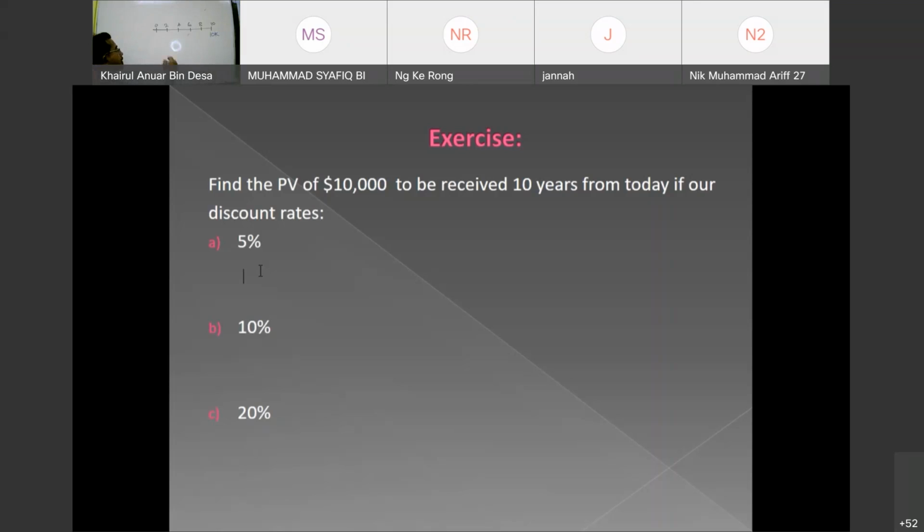Okay, berapa kita nak deposit di sini pada tahun kosong? Okay. Kita mulakan dengan 5%, 10% dan 20%.